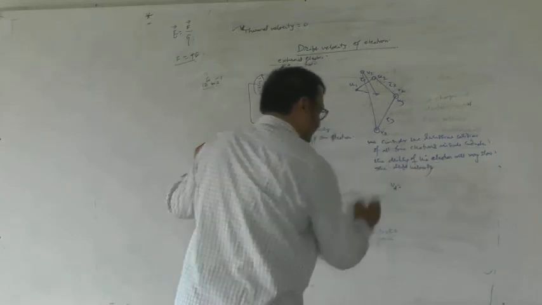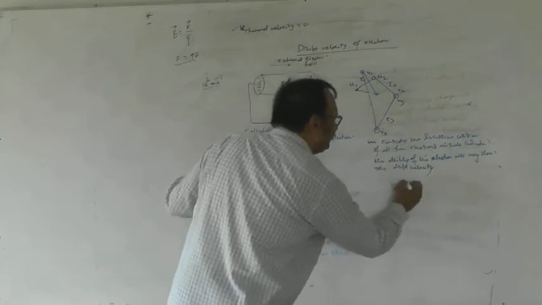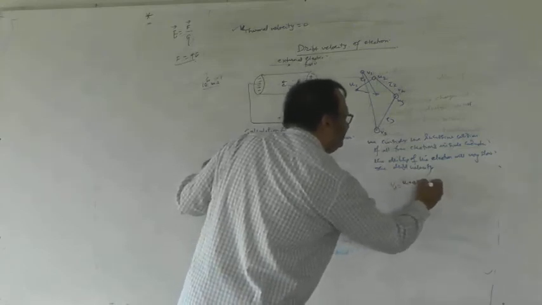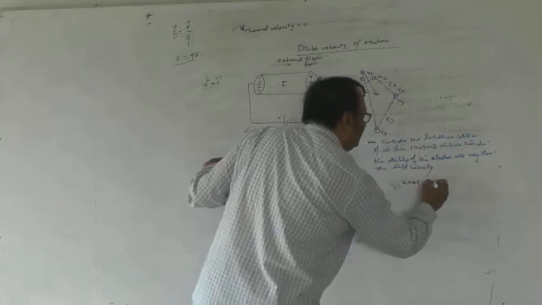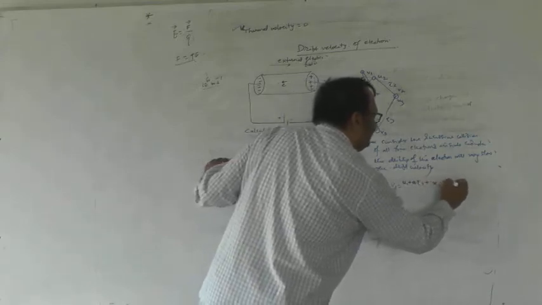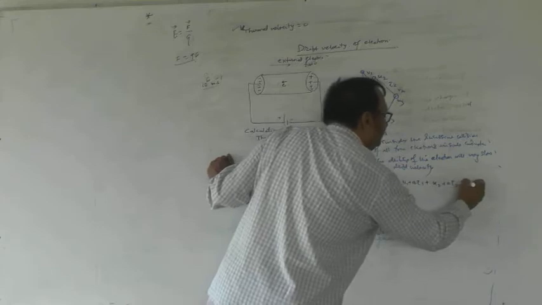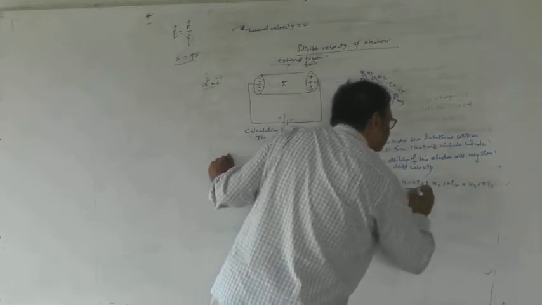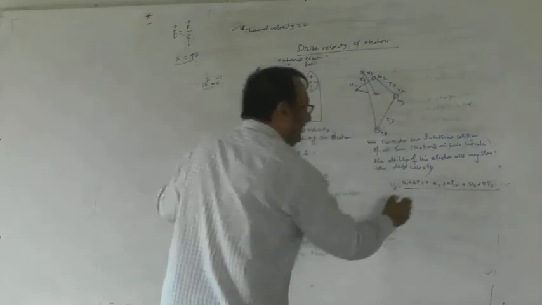Vd will be equal to, for the first electron, u1 plus a tau 1, u2 plus a tau 2, u3 plus a tau 3, and so on, divided by n.